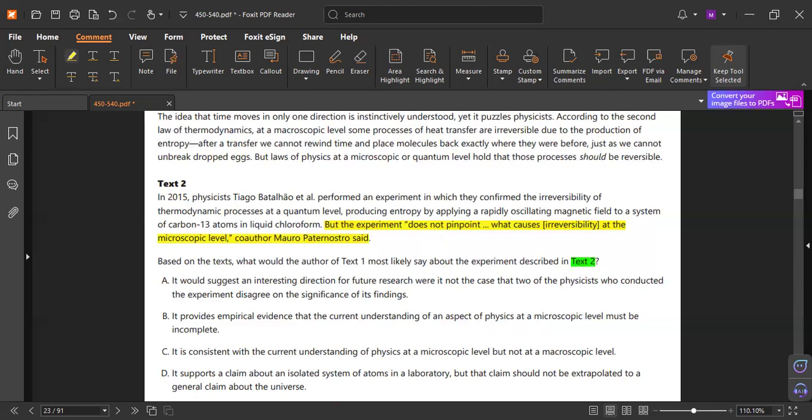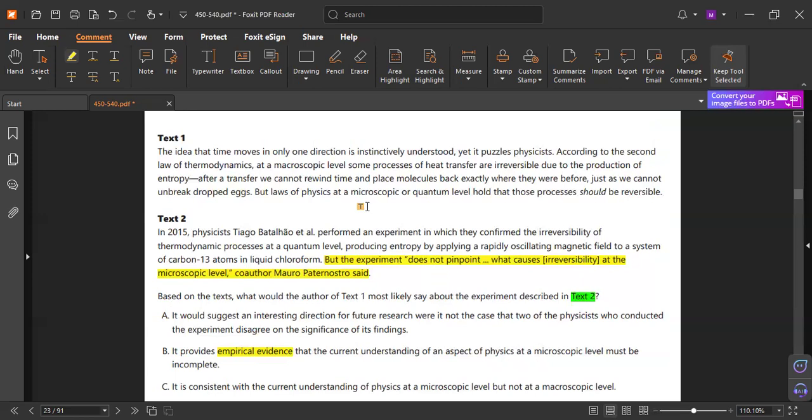If we focus on letter B, he said it provides empirical evidence. Empirical means practical, something really happened. As he mentioned here, according to the second law of thermodynamics, he's going to explain what happened exactly in the experiment.